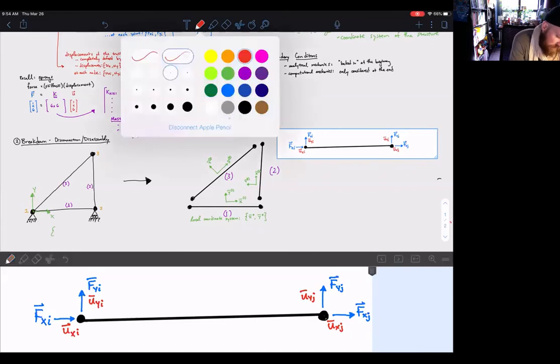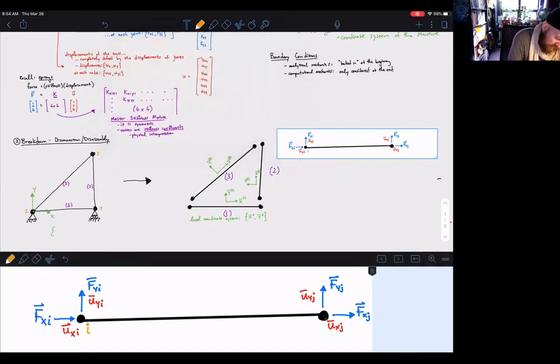And I should have probably labeled this as my ith node, this as my j node. This is true in general for all of these. This is x bar e, y bar e. So this is just true in general, that at each node we have 2 degrees of freedom, so it can move in x and y. Therefore, you could have forces acting in x and y, and this is all written in the local coordinate system.